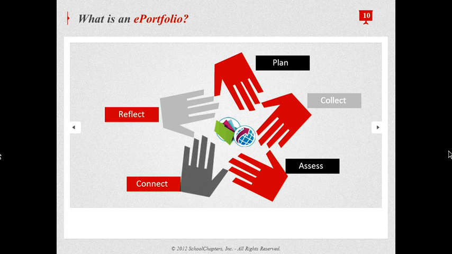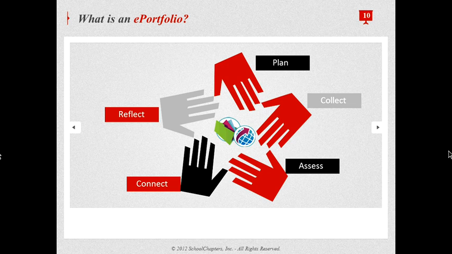The last component of an ePortfolio is Connect. And this was sort of an afterthought for us, if I'm being very honest today. We really needed a way for our students to connect to the NAEYC standards. We felt it gave them a greater connection to their profession as a whole.